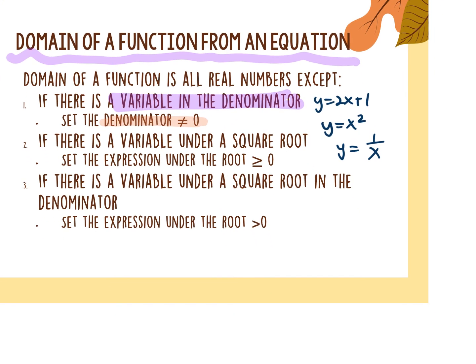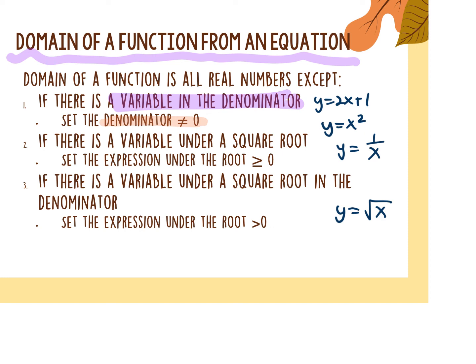The other kind of restriction is underneath the square root. So if I had the square root of x, what values can I not square root? You can square root positives, you can't square root negatives. Well, you can still square root them, but we're looking for something that would literally give you an imaginary number, because we're graphing these, we're not doing imaginary numbers.